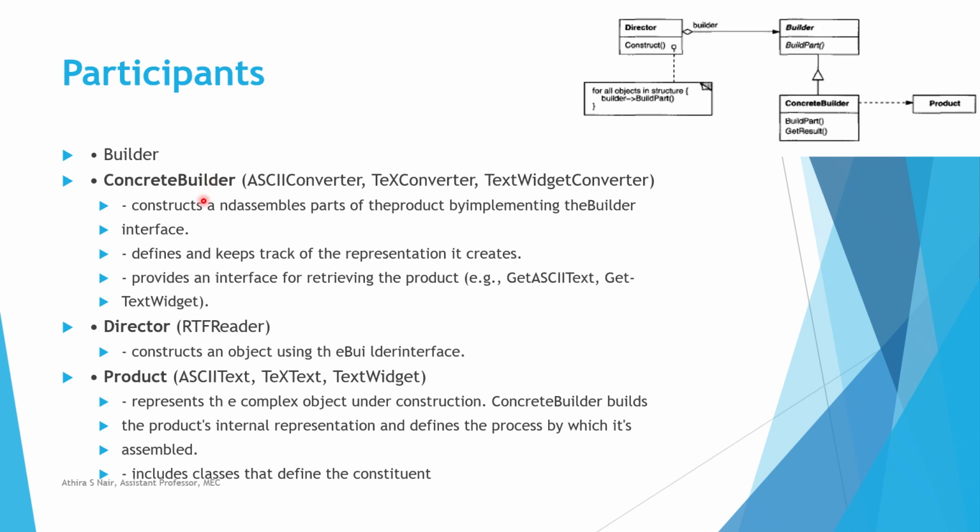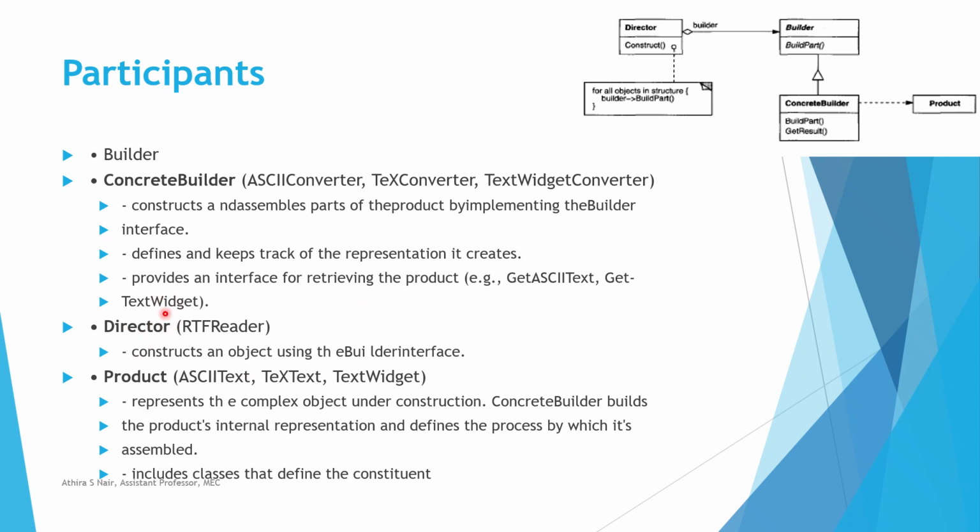The components of the builder pattern are, first of all, the builder. It specifies an abstract interface for creating parts. Then the concrete builder. It constructs and assembles parts of the product by implementing the builder interface. It also defines and keeps track of the representations, and it also provides an interface to retrieve the product.